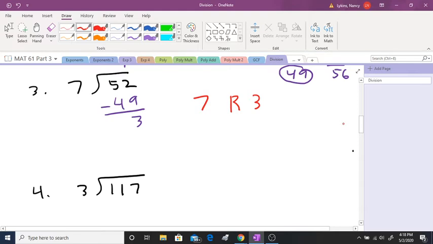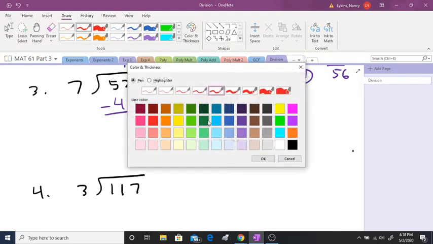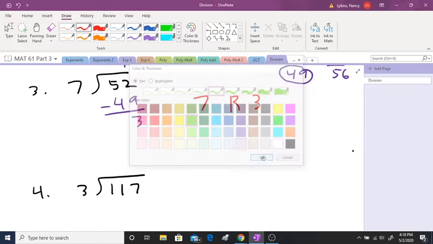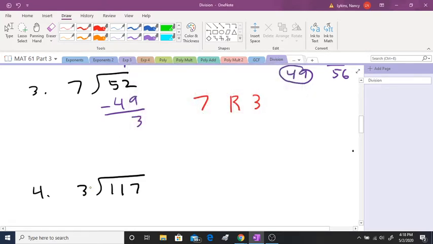Now I'm going to add another digit. So now how many times does 3 go into 11? Well, I know 3 times 3 is 9, so I'm going to put a 3 here. 3 times 3 is 9. I'm going to subtract, and I get 27. Then how many times does 3 go into 27?